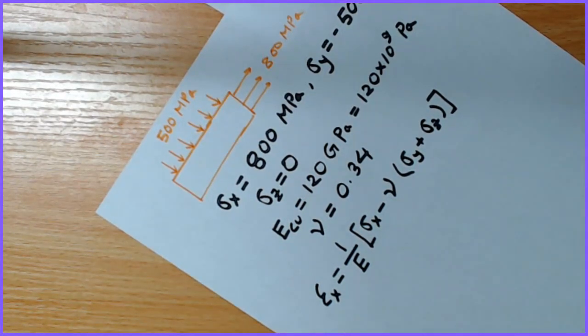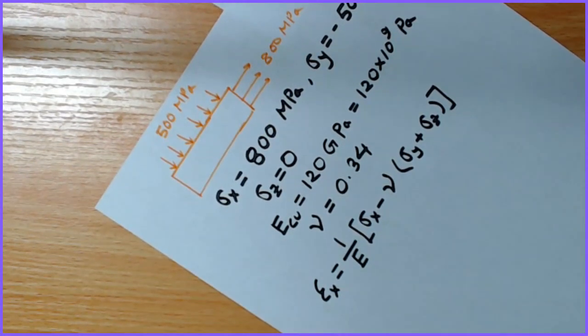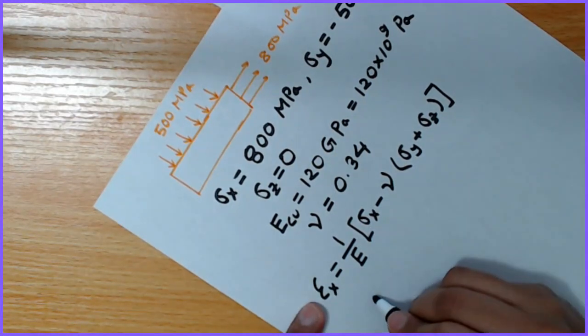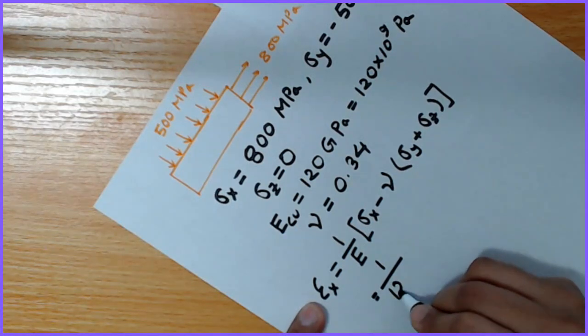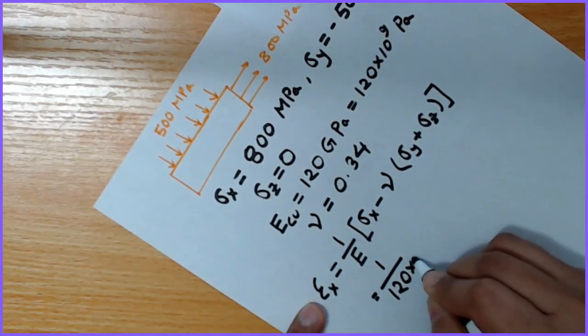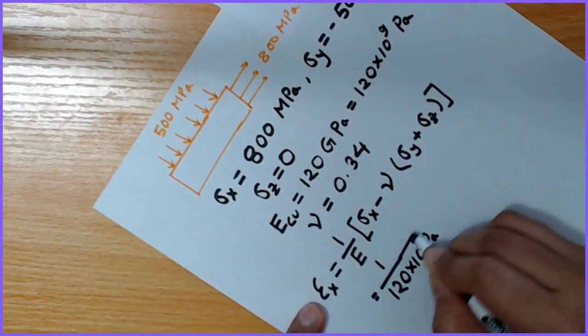Okay, and now the next we are going to plug in this value. So 1 by E, we know E is equal to 120 into 10 to the power 9 Pascal.